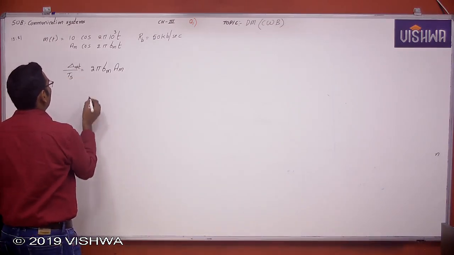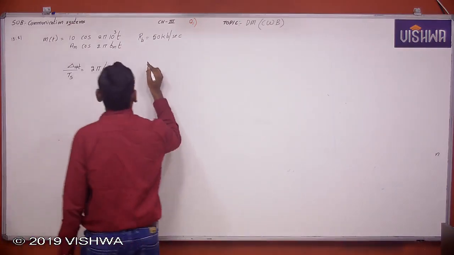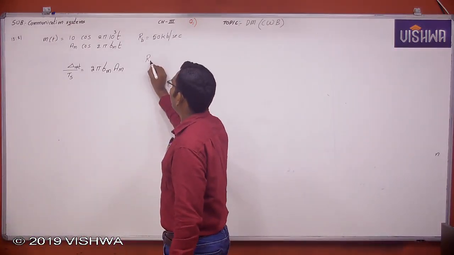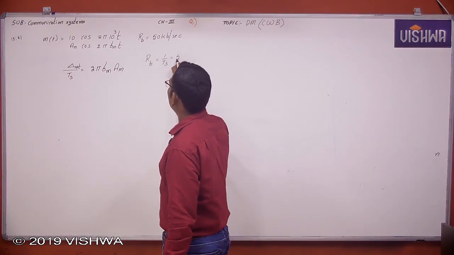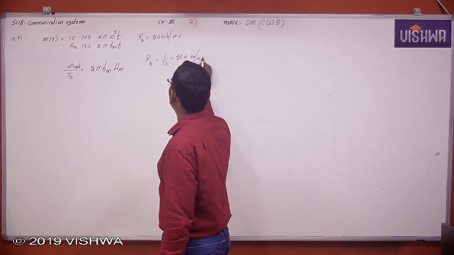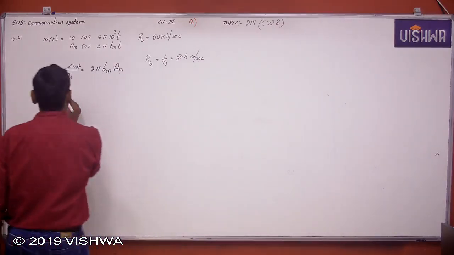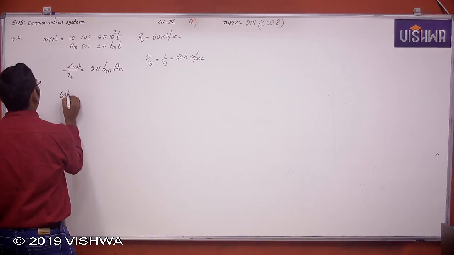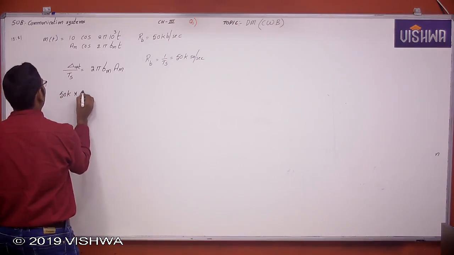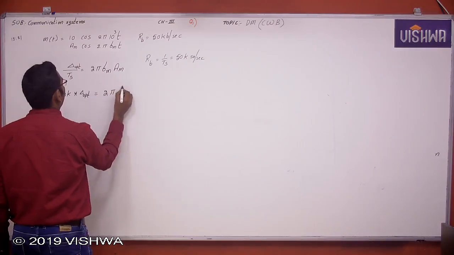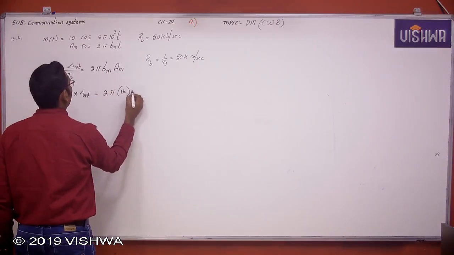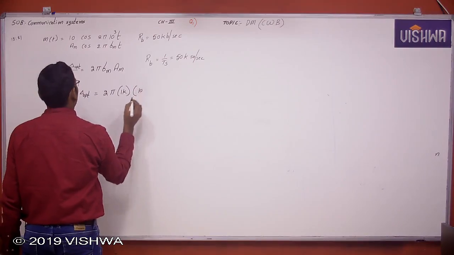Now here you know that in delta modulation, bit rate is equal to sampling rate. So this 50 kilobits per second is nothing but 50 kilo samples per second. Therefore 50 kilo samples per second into the optimum step size is equal to 2 pi fm Am, with fm 1 kilohertz and Am 10 volts.